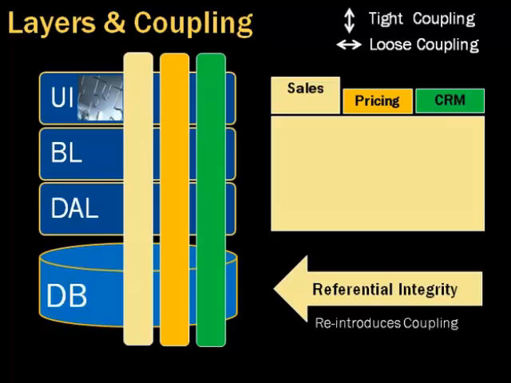In other words, layers and services are very different from each other. These large autonomous services span multiple layers. They can have a UI, they can have a business logic, they can have their own database. And that's actually where the loose coupling comes from.